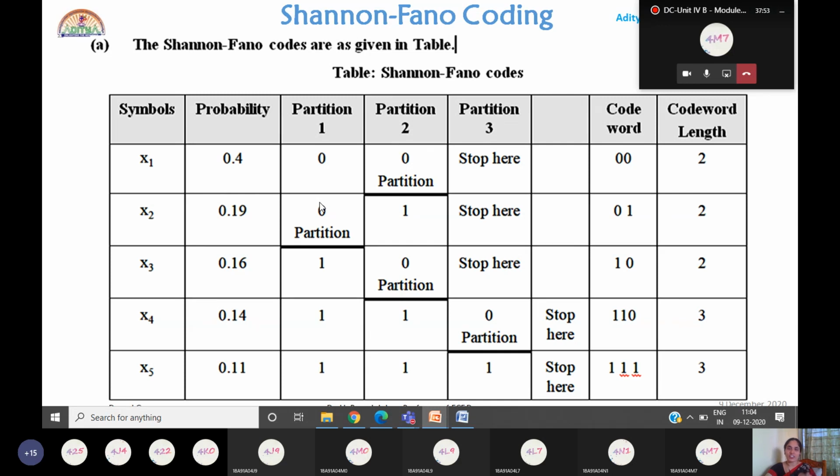And once you divide, assign 0 to the upper subset and 1 to the lower subset, because M is given as 2 and the partition value is 2.